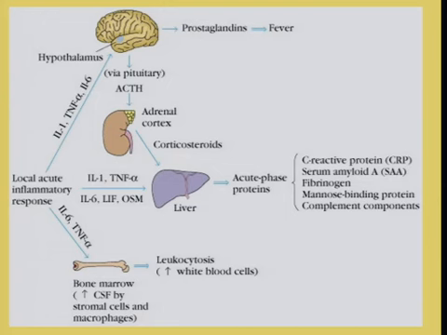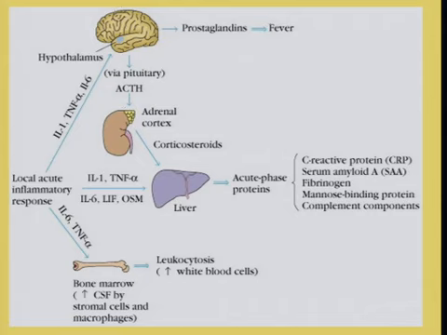Okay, and here's a picture of the whole thing. So you have a local acute inflammatory response. The inflammation is not able to contain the insult. The insult or the attack gets stronger and stronger, and now you have an expansion of the response.